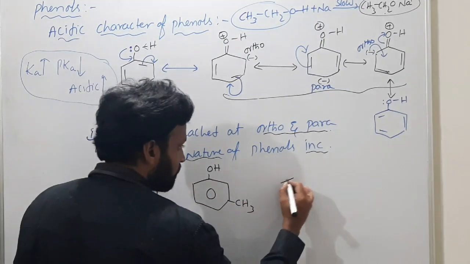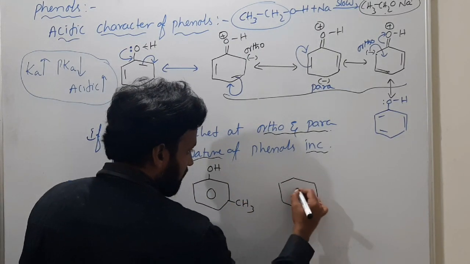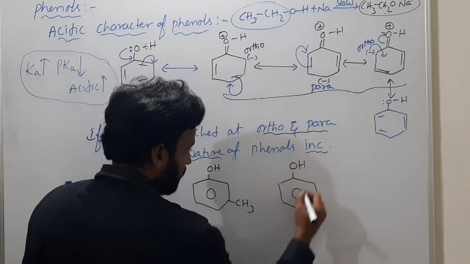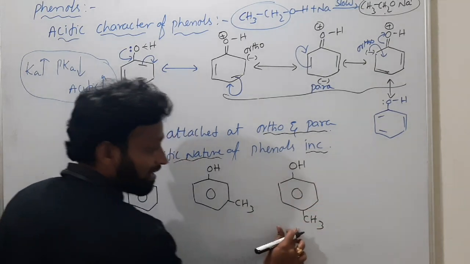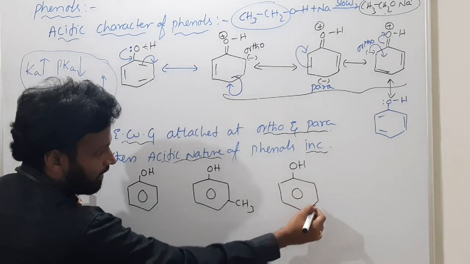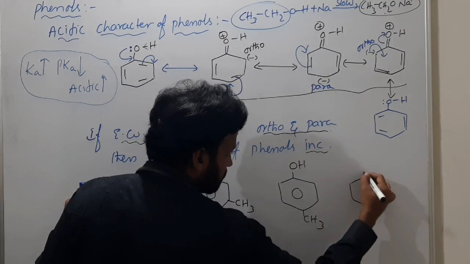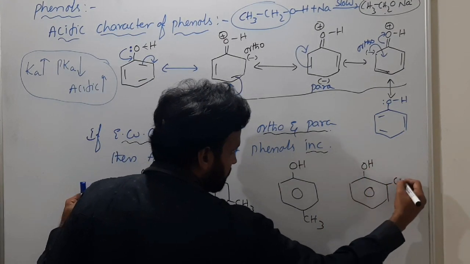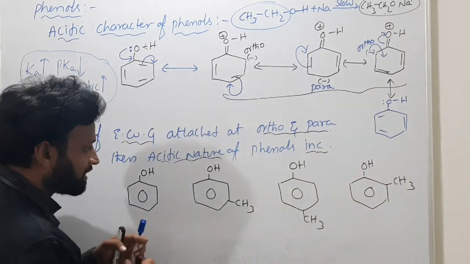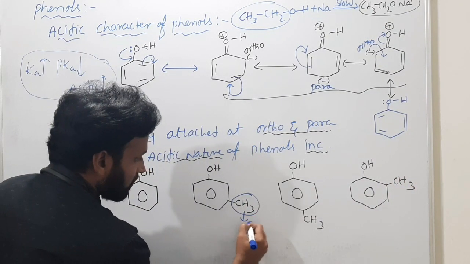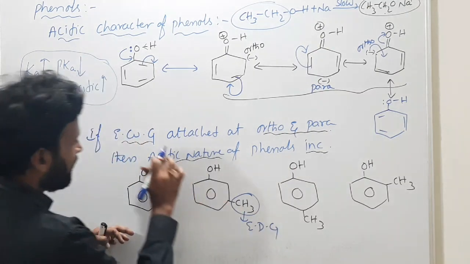Do you remember metacresol? Next, C6H5OH with CH3, paracresol, and orthocresol. Ortho, meta, para. What is CH3 here? CH3 is an electron donating group.